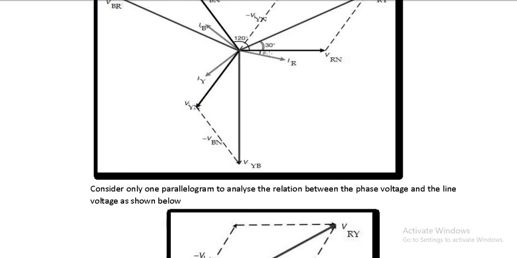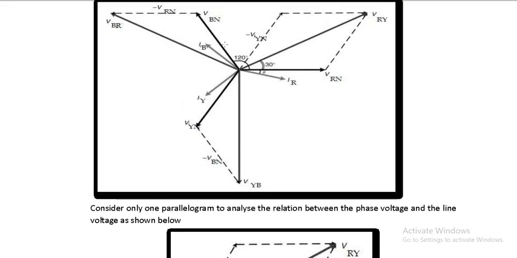So here I have considered a lagging load, which is normally the case. You can see 95% of the loads are inductive loads. So IR, that means the phase current, is lagging behind the phase voltage. Similarly IY is shown lagging behind, and similarly IB is shown lagging behind.